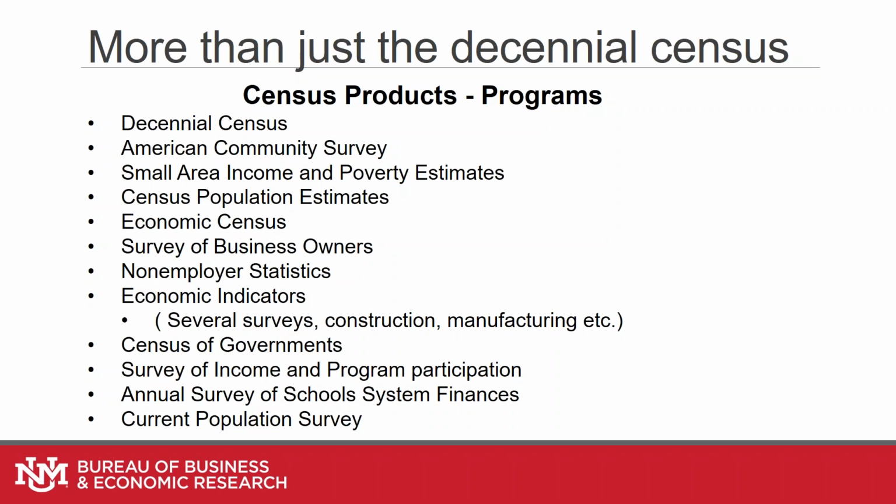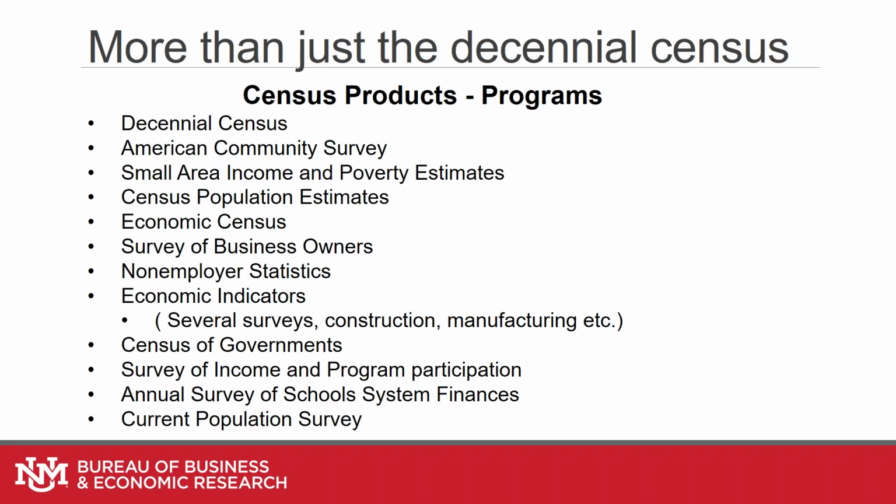In 2010, the American Community Survey got up and running. In 2000, there was something called the long form. During the decennial census, every household would receive at least the short form, which has 10 questions, and then 1 in 6 households would receive the long form, which has about 60 questions on it.